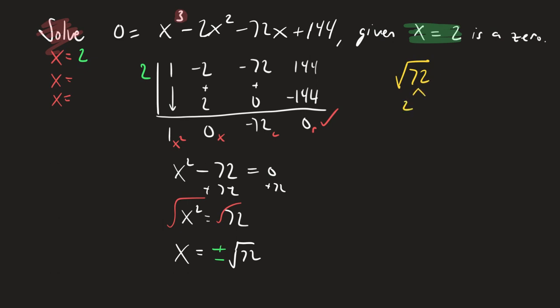72 is 2 times 36, which is 2 times 18, which is 2 times 9, which is 3 times 3. It's all socked out. So here's our sock right here. So pairs, buddies. I got a pair of 2s. I also have a pair of 3s.